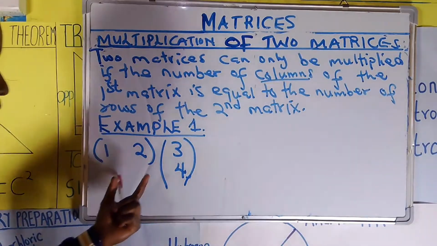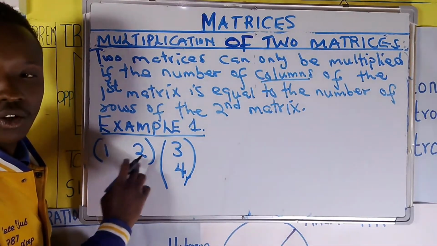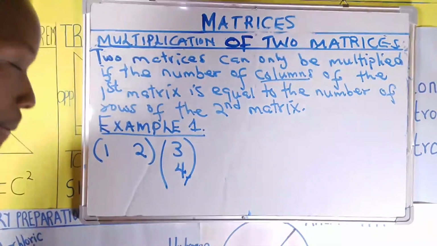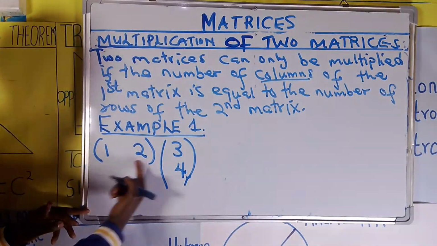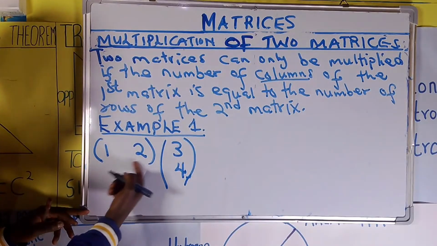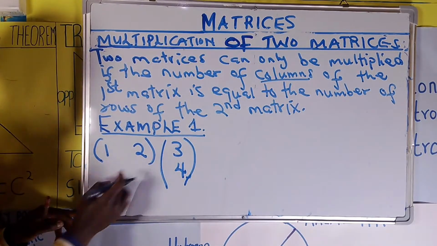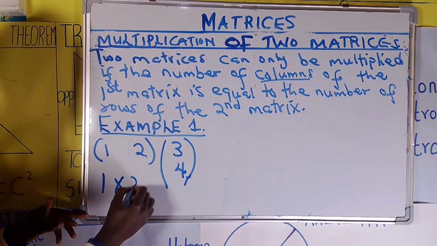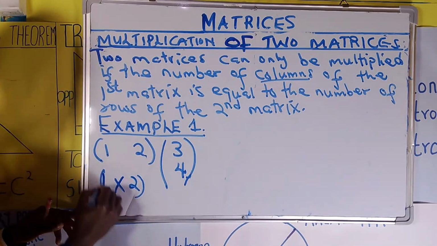If you check these matrices very well, they do not belong to the same order. But let us check whether we can multiply them. What is the order of the matrix 1, 2? It has 1 row and 2 columns, so it is a 1 by 2 matrix.